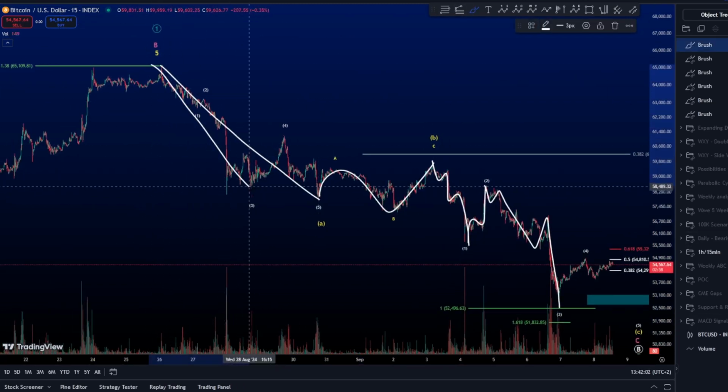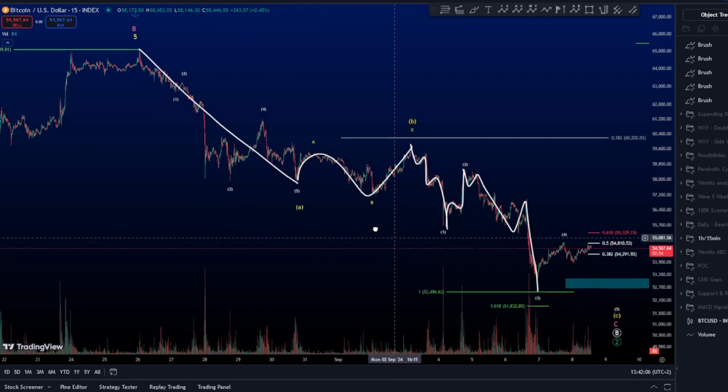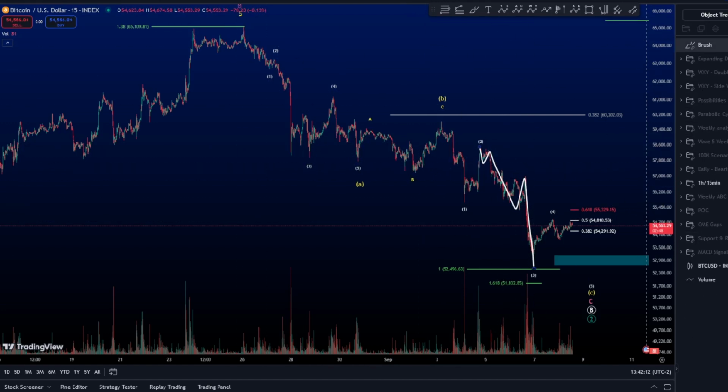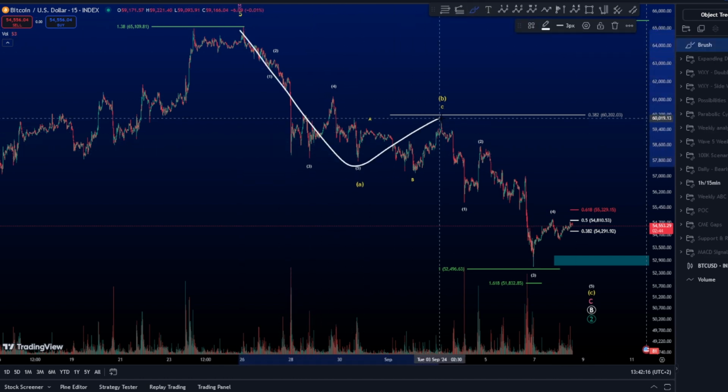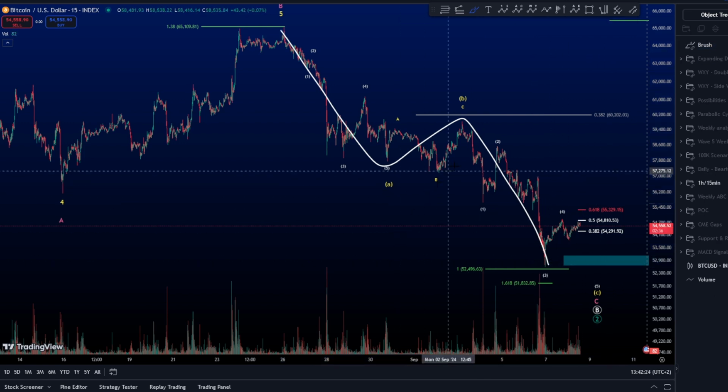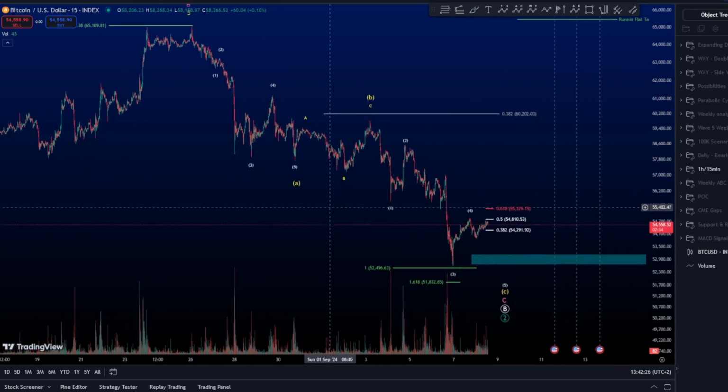It can also be A, B, and C. So this form of complex structure is still three waves towards the downside, and this brings us to the conclusion that this is corrective, and after this correction we are looking forward towards the upside, right?